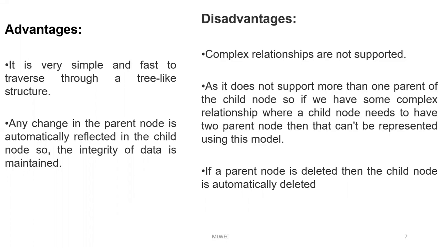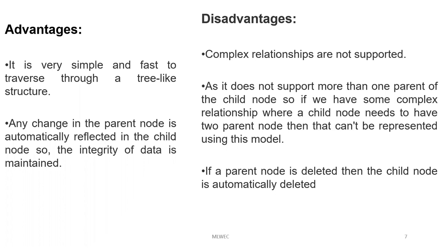Disadvantages: complex relationships are not supported, as it does not support more than one parent for a child node. If we have a complex relationship where a child node needs to have two parent nodes, then that cannot be represented using this model. Each child has a single parent only, so the hierarchical model will not allow multiple parents.